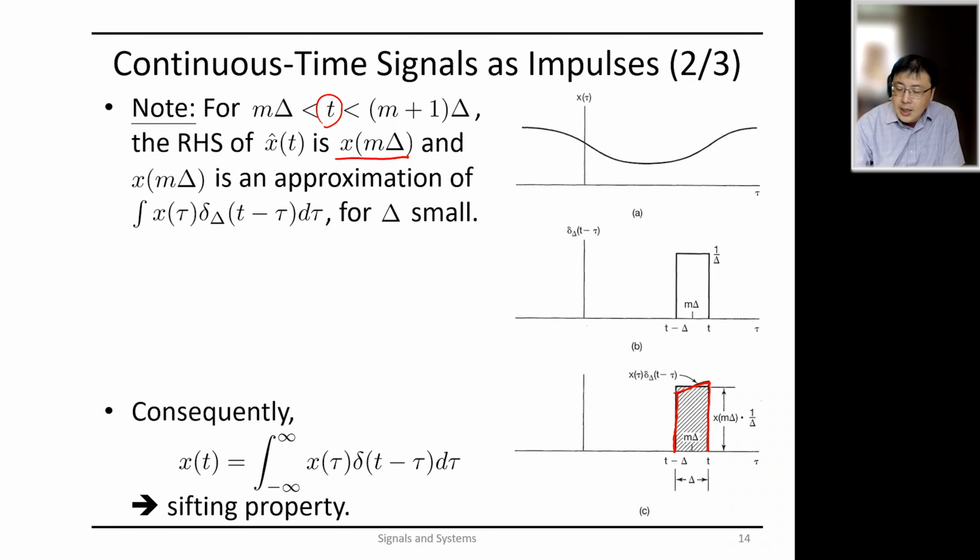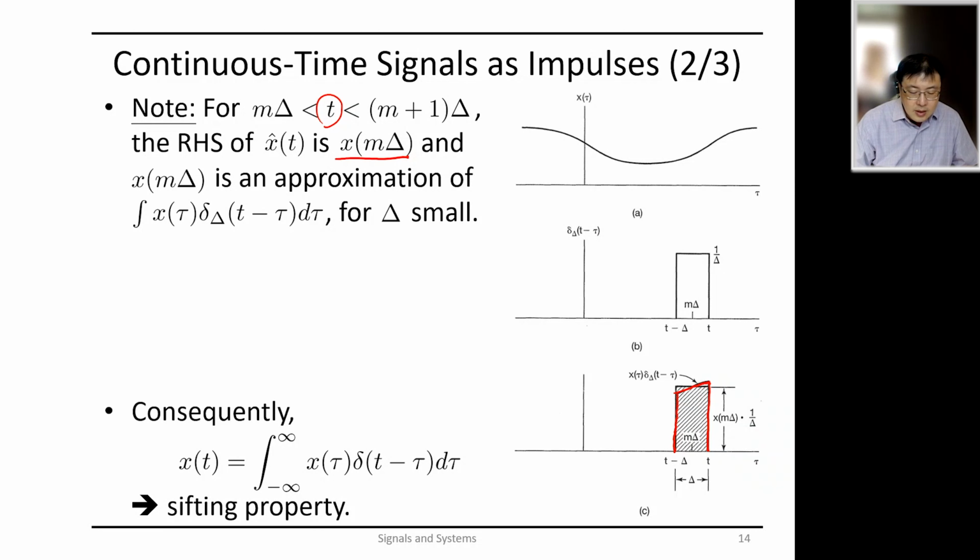And the area here, assuming that delta is small enough, can be approximated by the rectangle at the same place with the magnitude that is equal to x of m delta times 1 over delta, which is the magnitude of this delta function here.